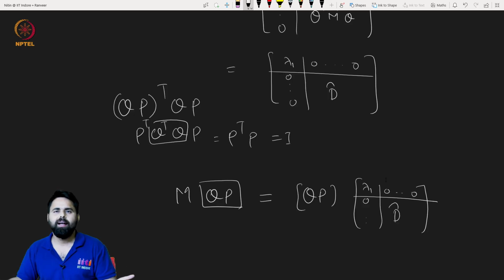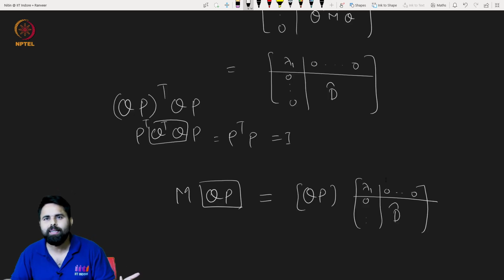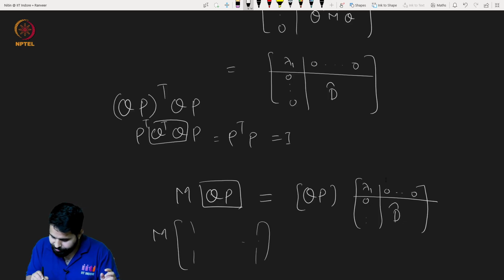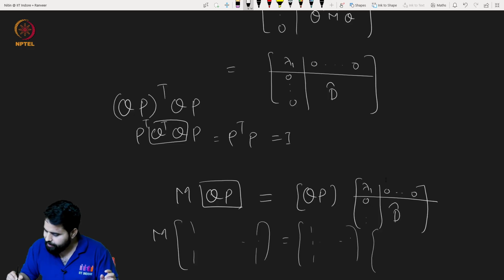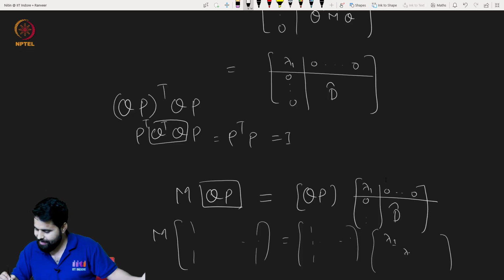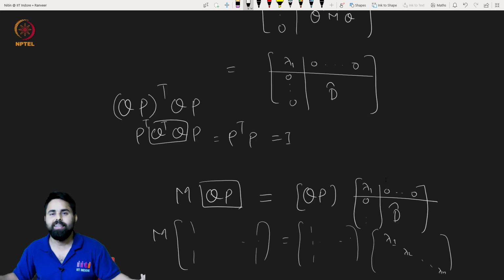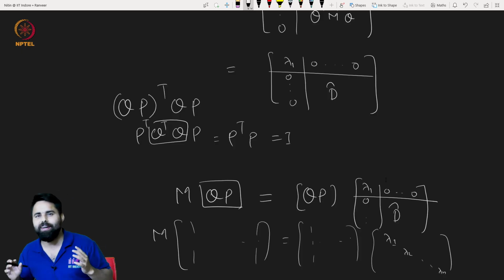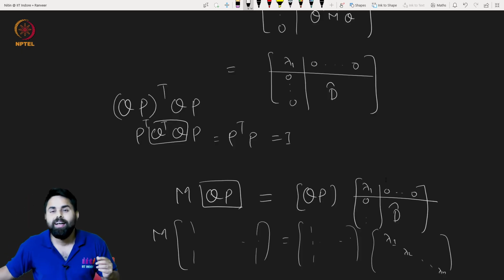And this is what the eigenvalue eigenvector definition is. So you are multiplying with vectors, right? There are vectors which are orthonormal, and these are the same vectors, and these are nothing but eigenvalues. So lambda 1, lambda 2, up to lambda n, right? And that's all.